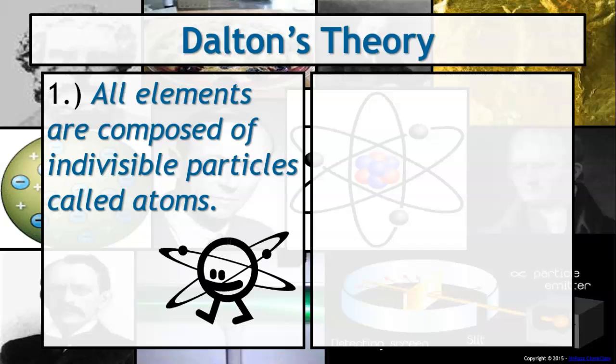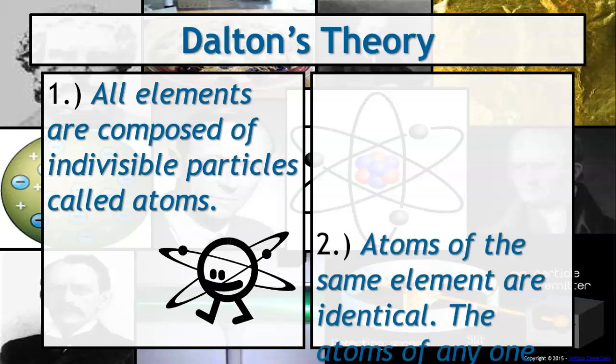However, they did know about several of them, and Dalton's theory was that these elements, oxygen, nitrogen, carbon, all of these different things, were composed of these tiny, indivisible, again, things that can't be broken apart, indivisible particles called atoms.